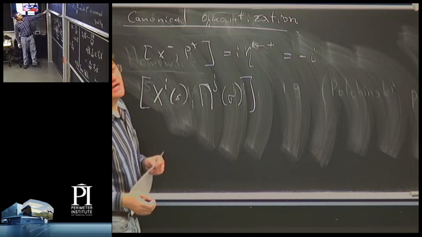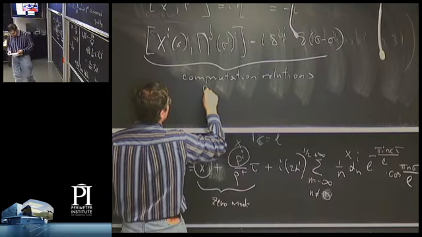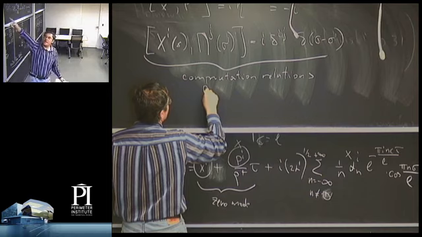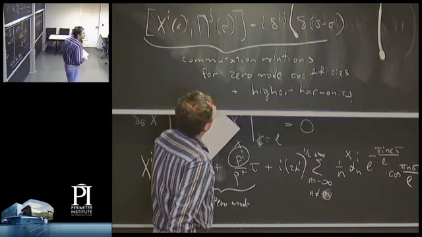Now, we want to understand how that commutation relation translates onto the coefficients of our Fourier mode expansion. I'm not going to do it in general, but the way to do this is the following. You have a Fourier mode expansion. What you have to do is plug in the Fourier mode expansion for x sub I, a Fourier mode expansion for p sub j, and a Fourier mode expansion for the delta function. That's a very nice exercise.